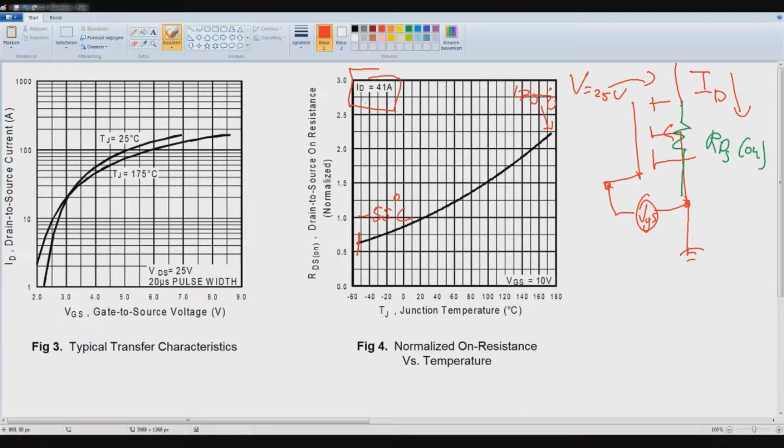So this is our operating current. This is our gate to source voltage. Gate to source voltage at 10 is not even on here, but if you take a look at the previous one, perhaps it has more information.